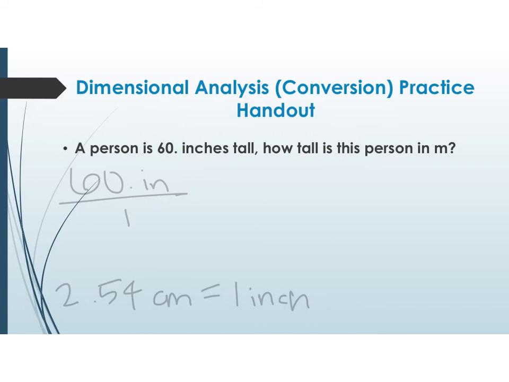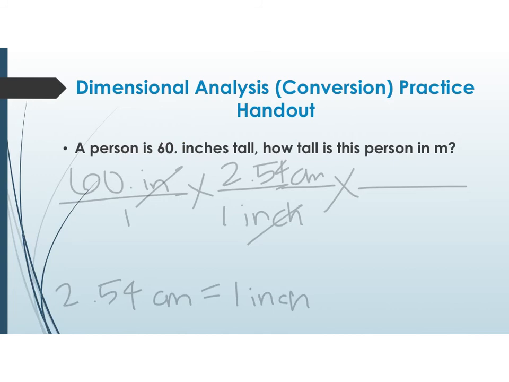Alright, so we need to get from inches to meters. Let's go through that centimeter conversion here. So 1 inch is 2.54 centimeters. Okay, now I can get rid of my inches, and now I'm left with centimeters. I know that there are 100 centimeters in 1 meter.